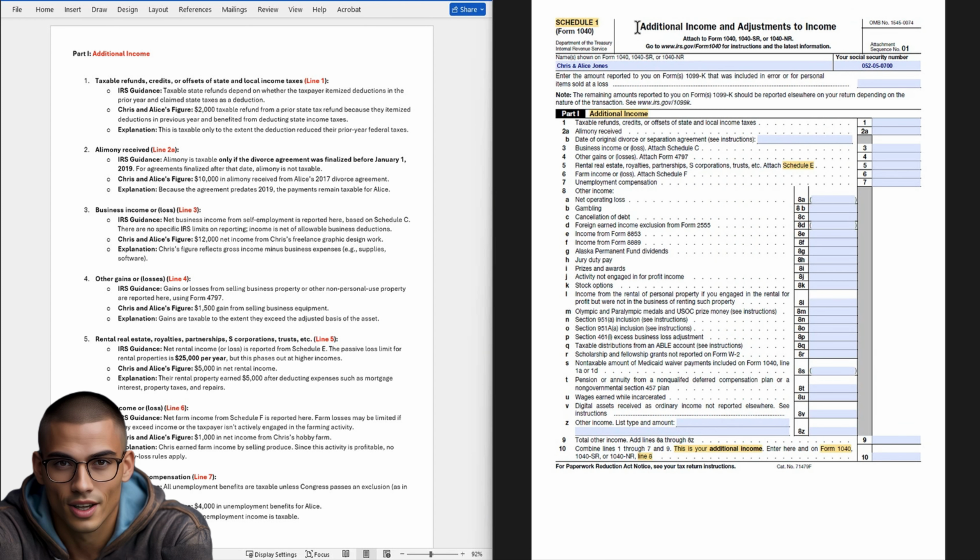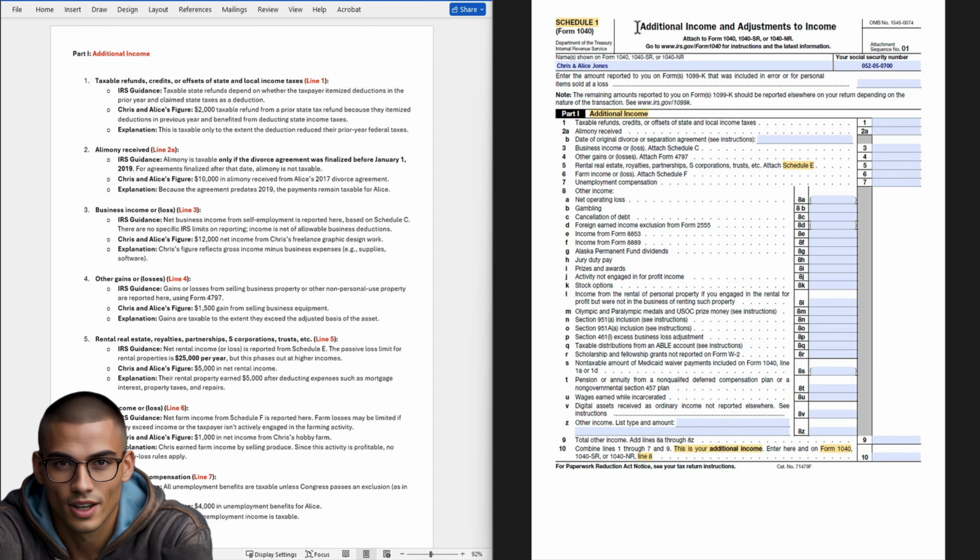So for Chris and Alice, $2,000 taxable refund from prior state tax refund because they itemized their deductions in the previous year and benefited from deducting those state income taxes. So this income would now be included here for Chris and Alice, $2,000 for their tax refund.